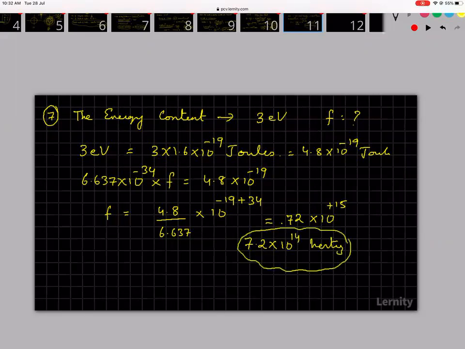This is how you convert electron volt to frequency. If you tell me the energy, I can convert it to frequency.